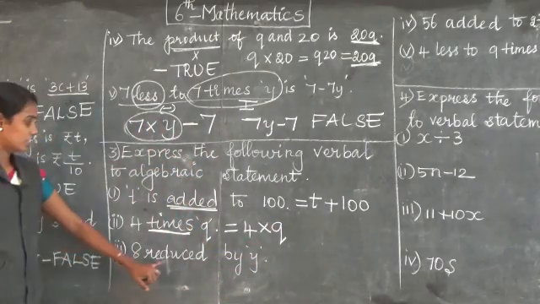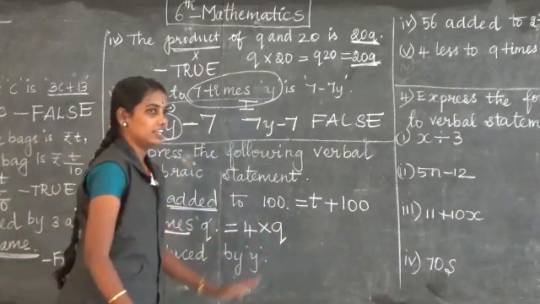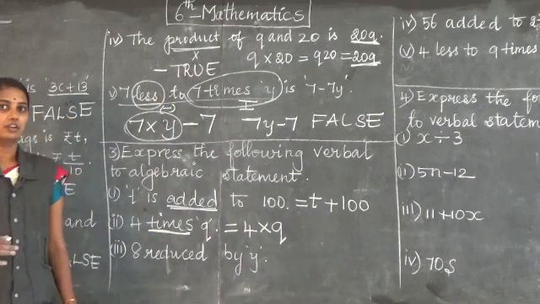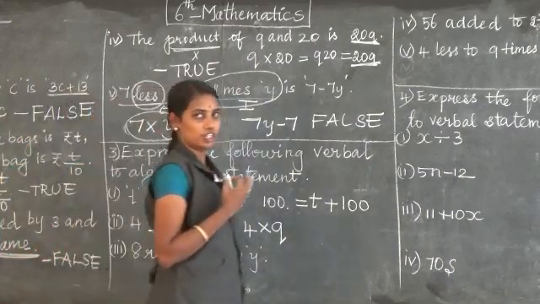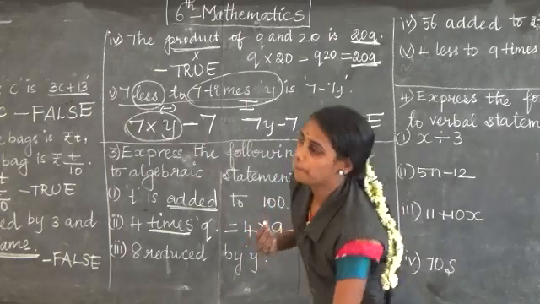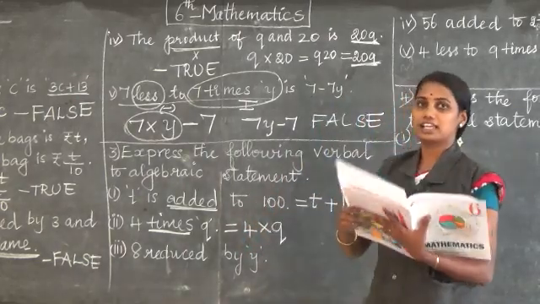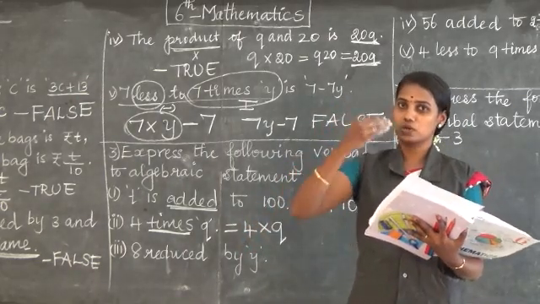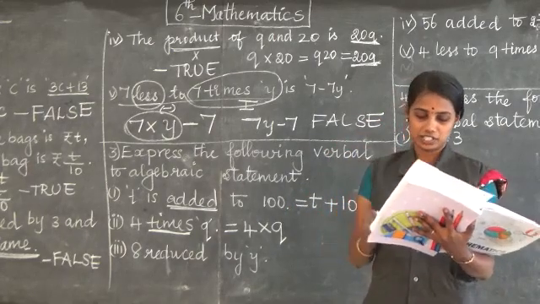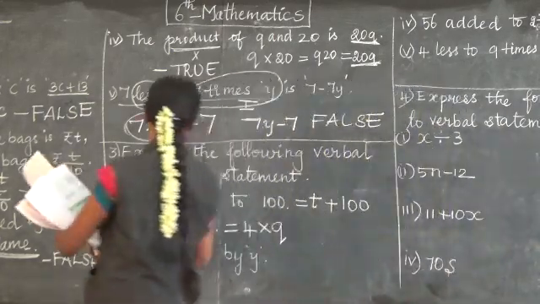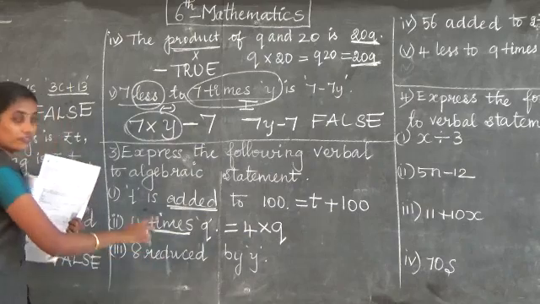Next, 8 reduced by Y. So reduced means what sign you will use? Reduced means increase or decrease. Here there is no word less.